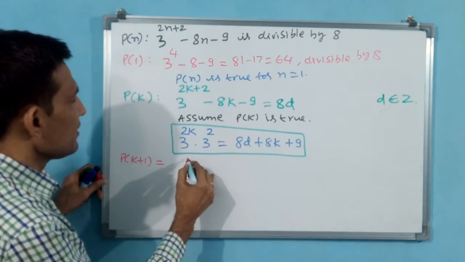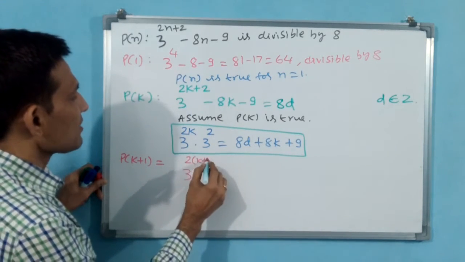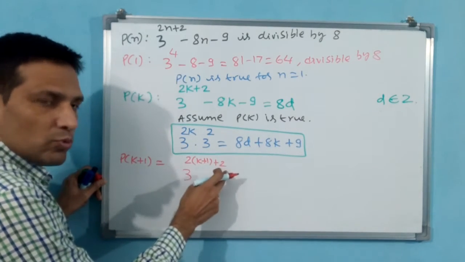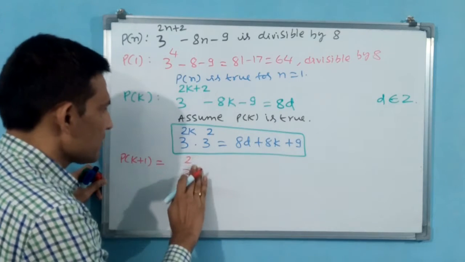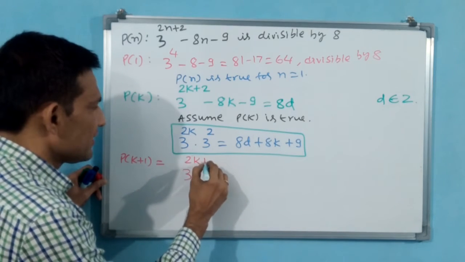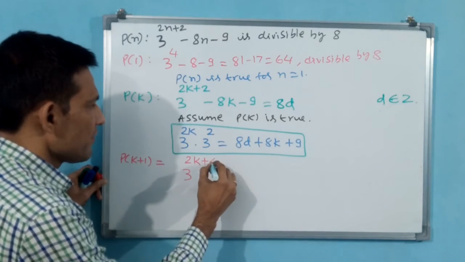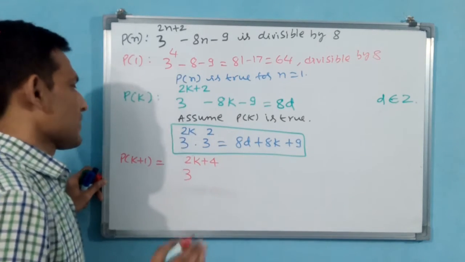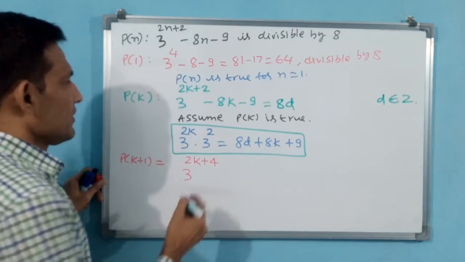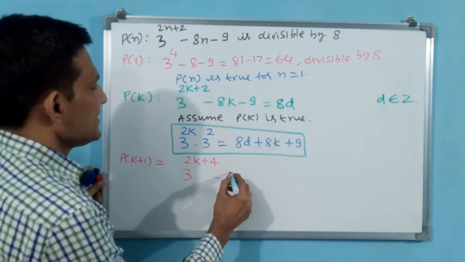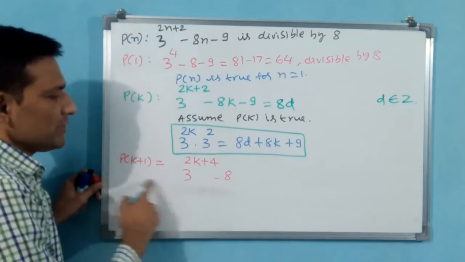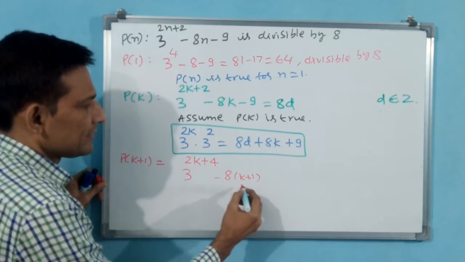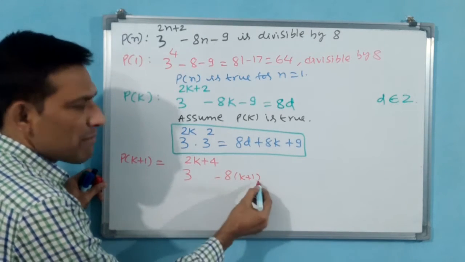See, 3 power 2 into k plus 1 plus 2: 2k plus 2 plus 2, 2k plus 4. Write down 2k plus 4 directly. Minus 8 into k plus 1: minus 8k minus 8.